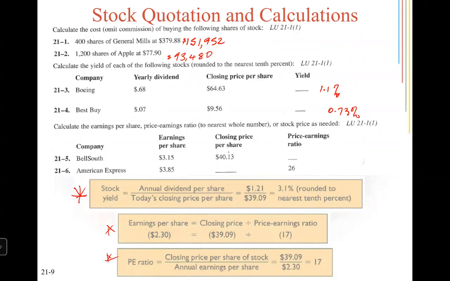Okay, so I have a question. Why would it be 7.3 if it's to round to the nearest 10%? Oh, sorry.